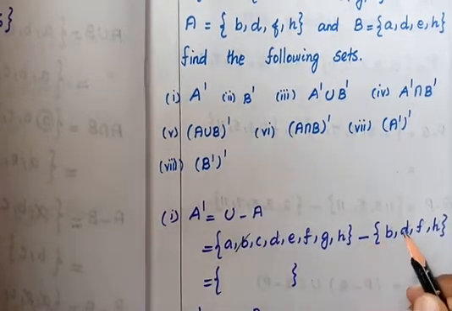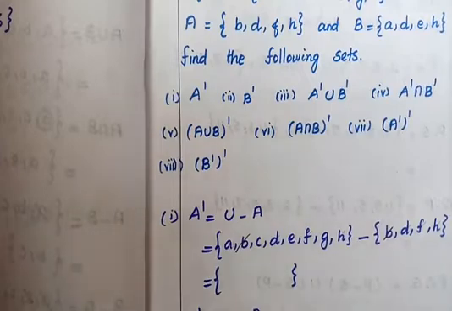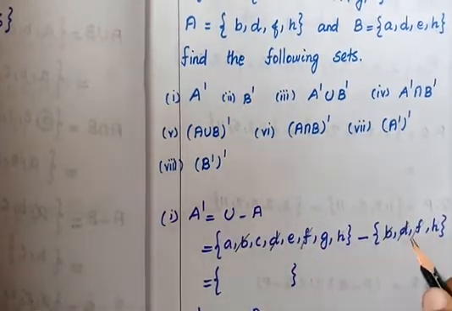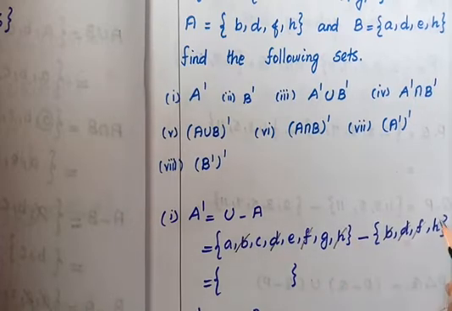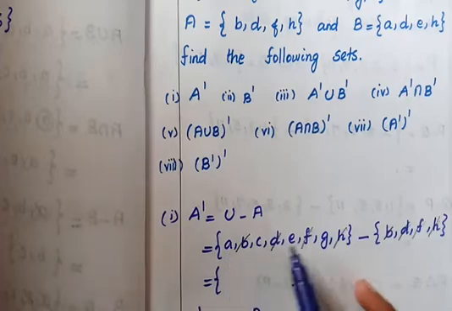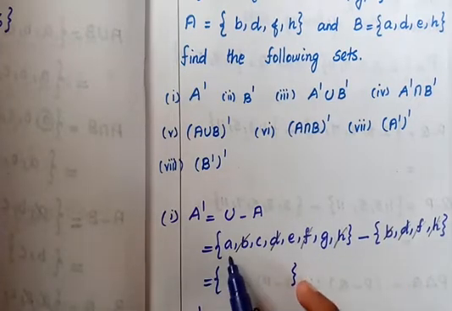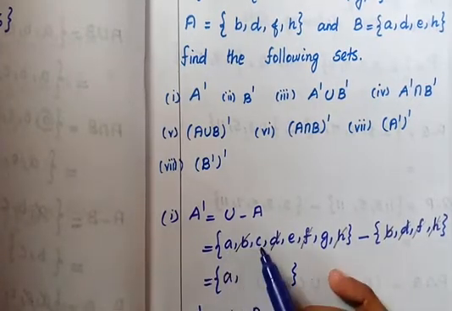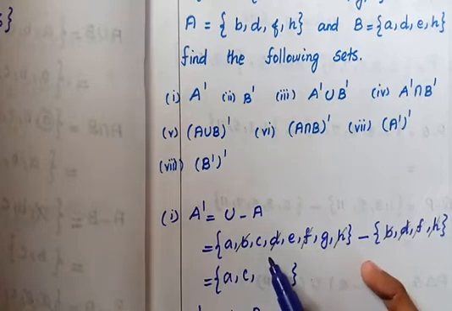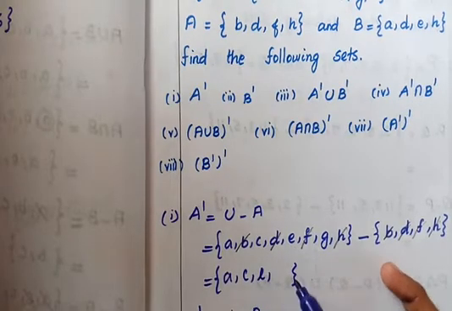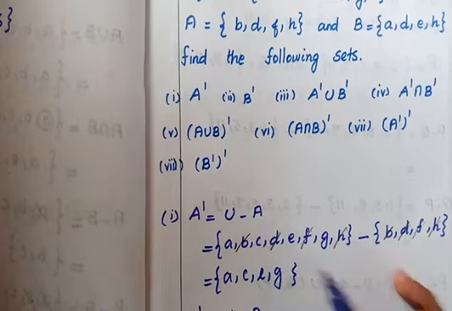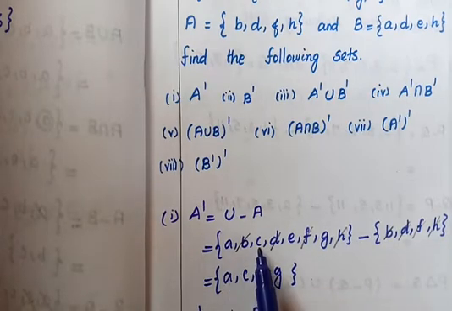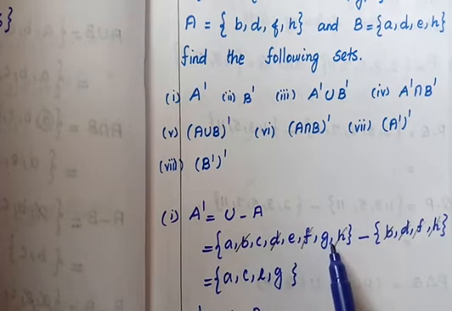B cancel, then D cancel, then F cancel, then H. Then we write the elements in the first set, the remaining elements. What are the elements? A, C, E, then G. A, C, E and G.